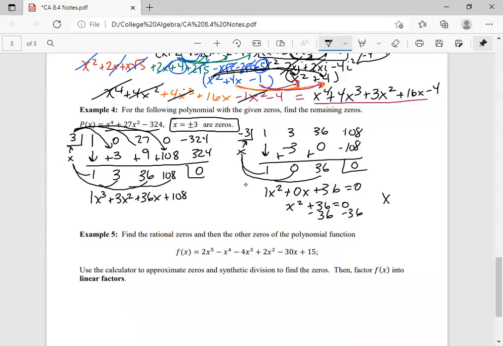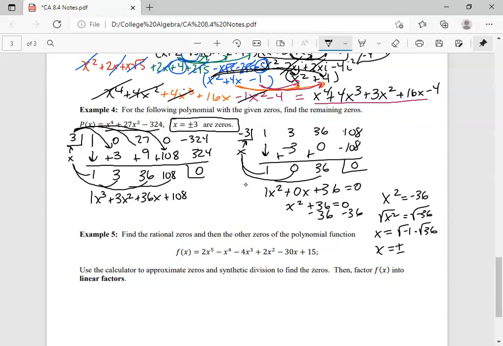So x squared equals -36, right? To get rid of a squared, you have to take the square root. Well, this square root I can divide into the square root of -1 times the square root of 36. So the square root of -1 is what?